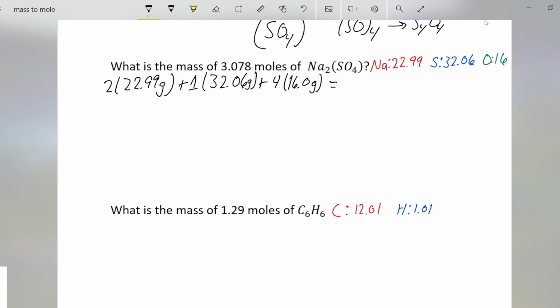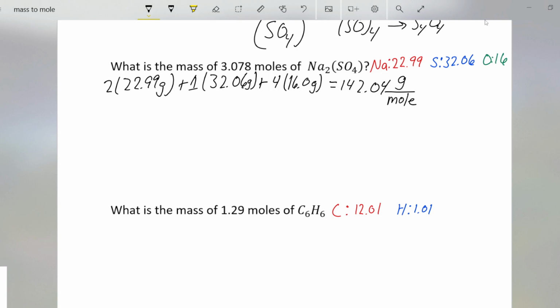And the total molar mass I calculate is 142.04. And this is a molar mass, so moles, and mass, grams. So this is saying that we have 142.04 grams for every mole of this Na2SO4 substance.